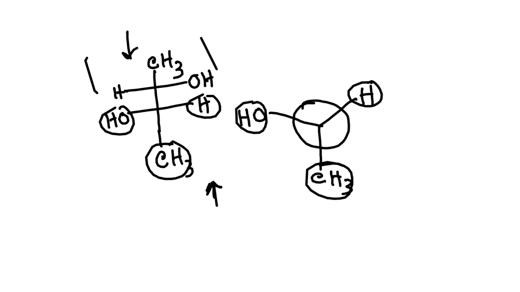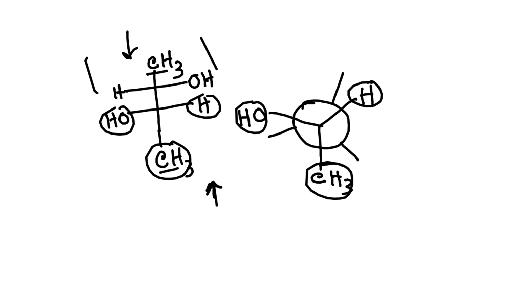Okay, this is simple. Now you have to put the other groups. Now we have to see whether this molecule is in the threo form or in the erythro form. We can see the methyls are anti to one another, but the other two groups are not anti.